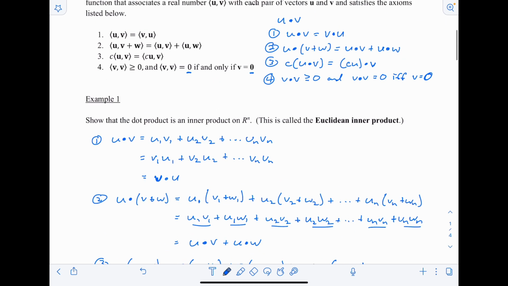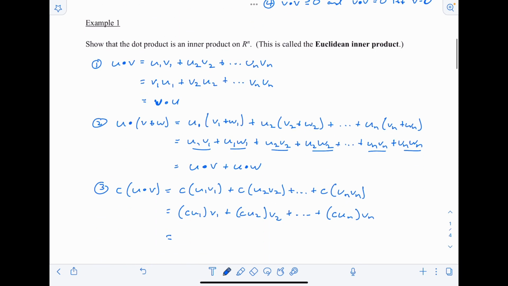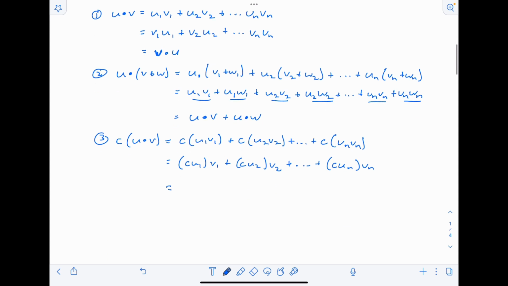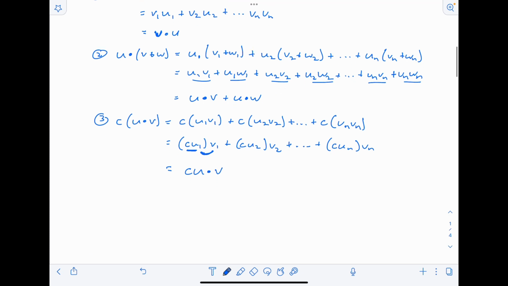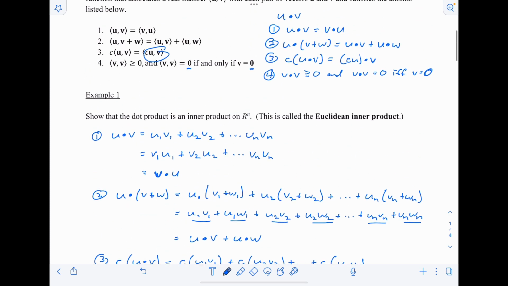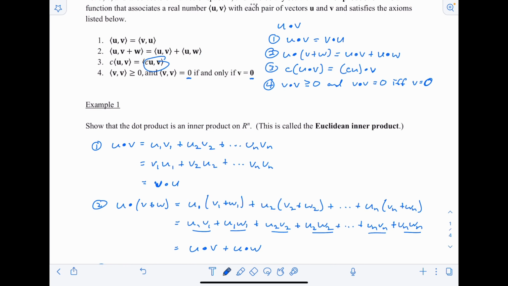Over here on the right side, I'm multiplying c times u first, and then doing the dot product with v. So this is the dot product of cu with v. So number 3 holds.